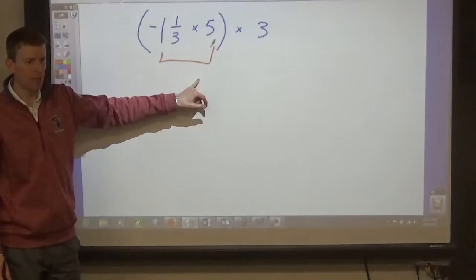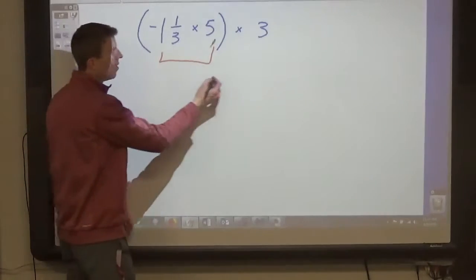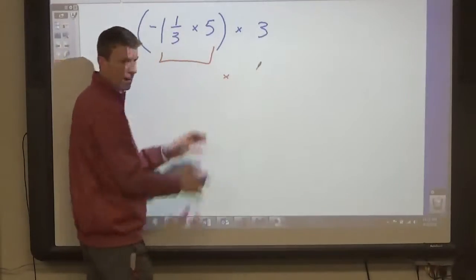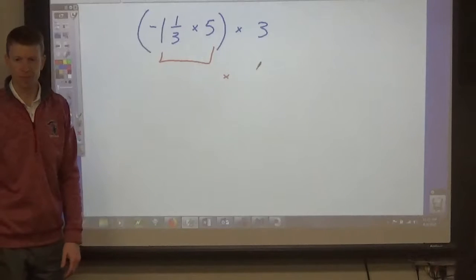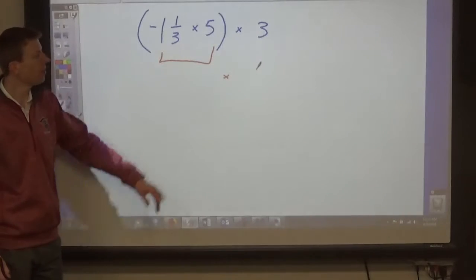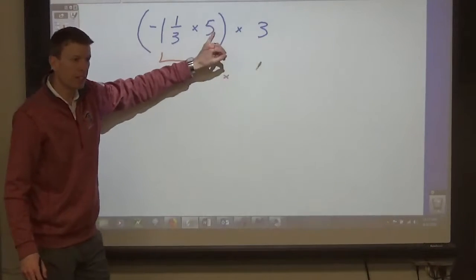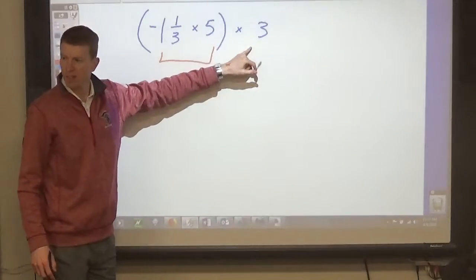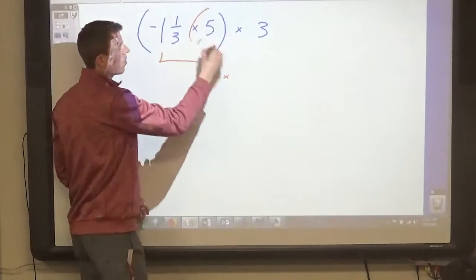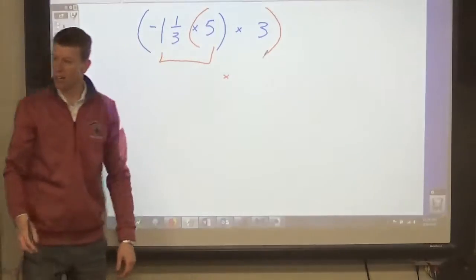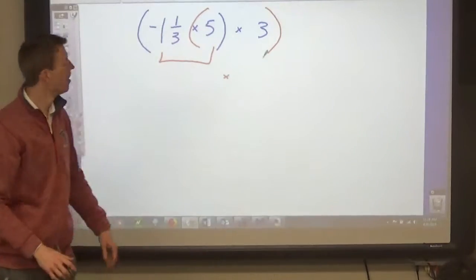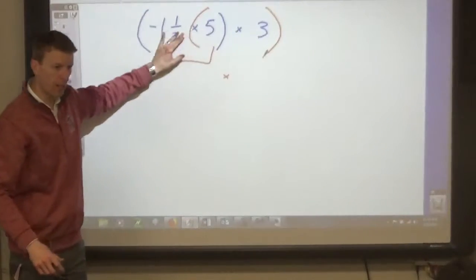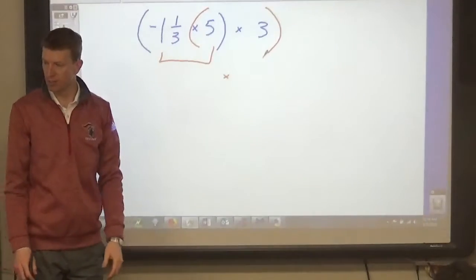Probably. Yep. And then we'd have to do another multiplication problem with a fraction. So could we do this in your head first? Because according to the rules, again, the associative property says that if they're all multiplication, then we can do them in a different order.